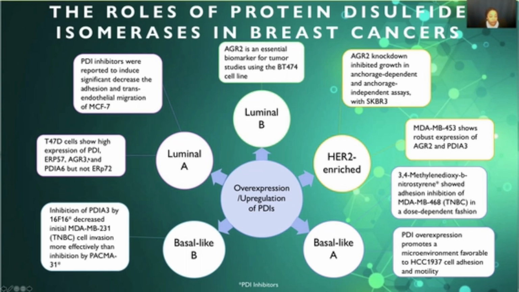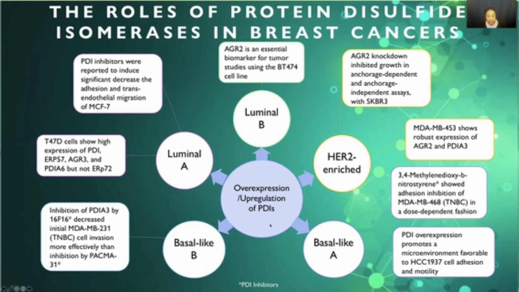Over here for luminal A type, PDI inhibitors were reported to induce significant decreases in the adhesion and transendothelial migration of MCF7. For the T47D cells, high expression of PDI, ERP57, AGR3, and PDI-A6 were shown, but not ERP72.